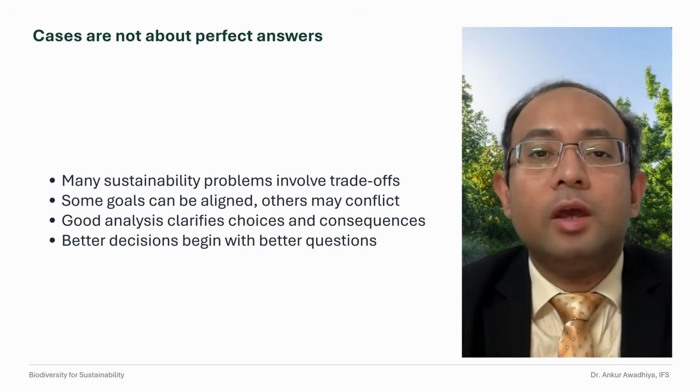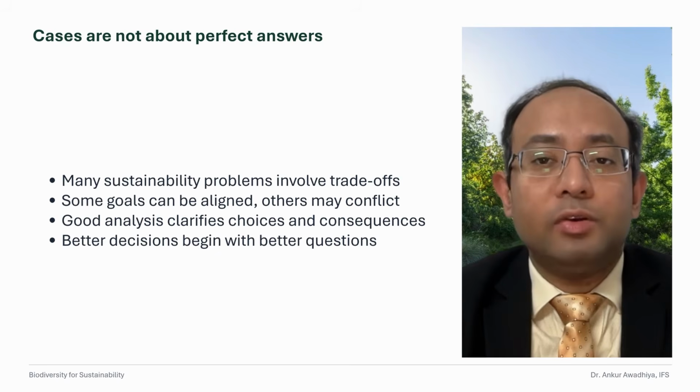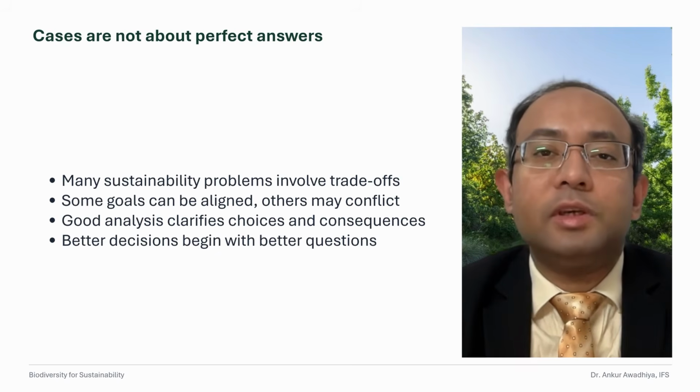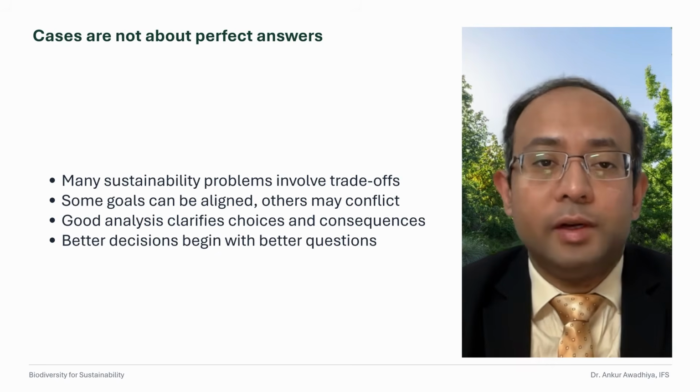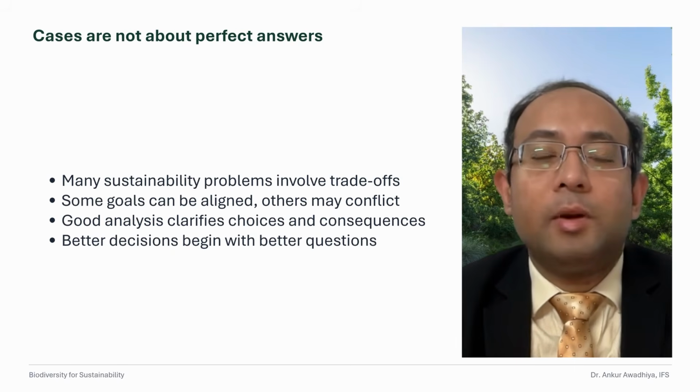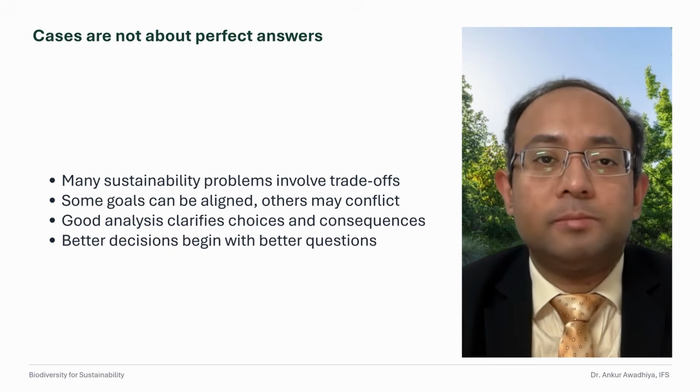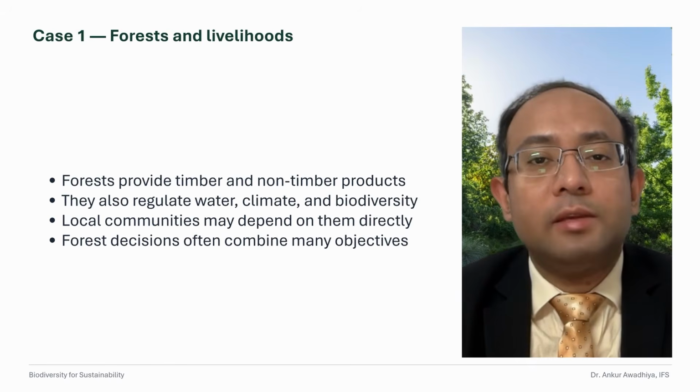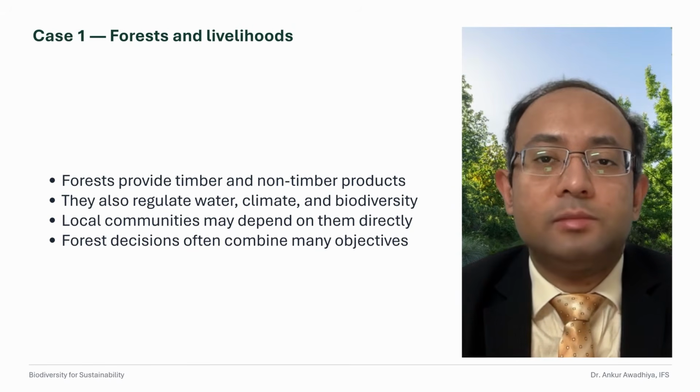Better decisions usually begin with better questions. So we should approach each case not to deliver a verdict, but to develop the habit of looking at the full picture. Our first case is forests and livelihoods.